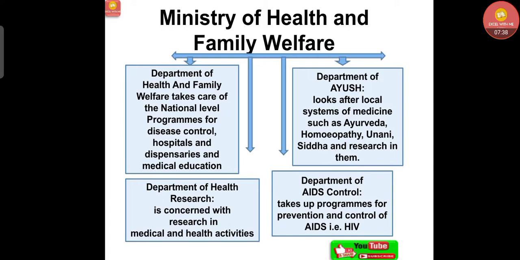Next, Department of Health Research, that is concerned with research in medical and health activities. Then Department of AIDS Control. It takes up programs for prevention and control of AIDS, that is HIV. So, these are the important programs or departments we should understand, very important.